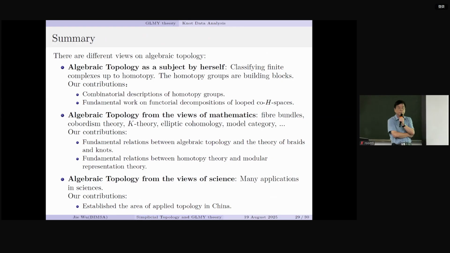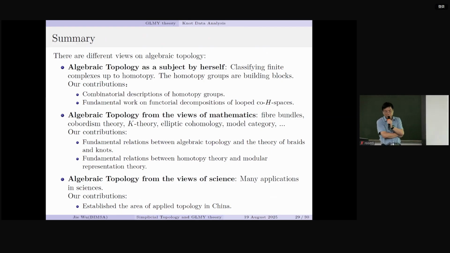Classifying finite complexes up to homotopy, so the homotopy group is the core component there. In that part, we did a combinatorial description for homotopy groups, and fundamental work on the functorial decompositions of looped Coxeter spaces. As I explained, it's connected to the functorial version of the Barratt-Kan-Hilton-Milnor theorem and the modular representation theorem.